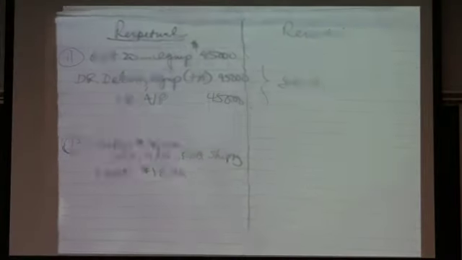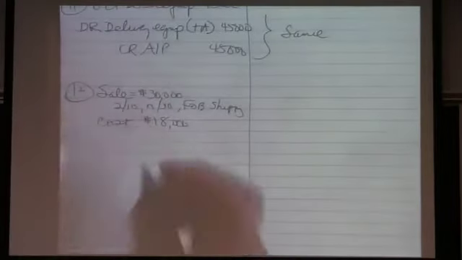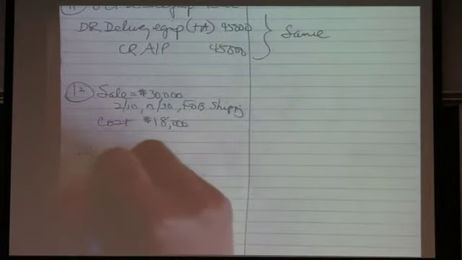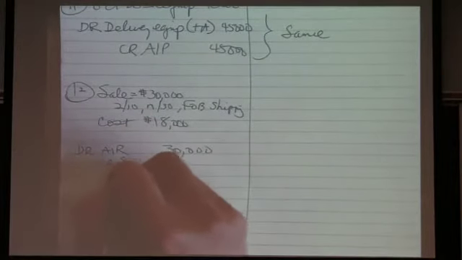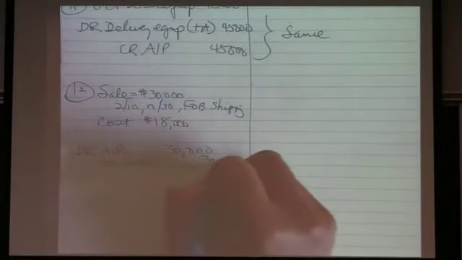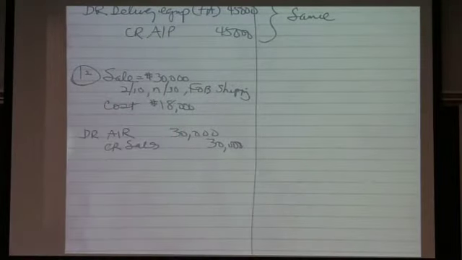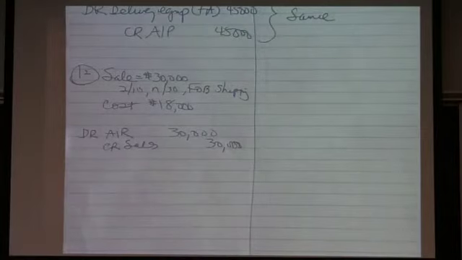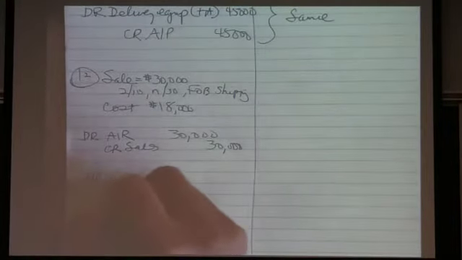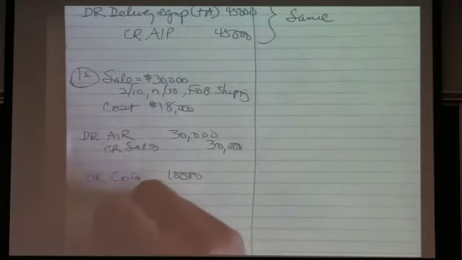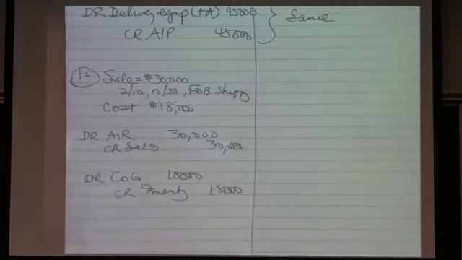So, having said that, the entry under the perpetual is we're going to debit accounts receivable because it's on account, $30,000. Credit sales, $30,000. Now, remember, we need to update the cost of goods sold because that's the whole thing about perpetual, isn't it? So we're going to debit cost of goods sold, credit inventory.